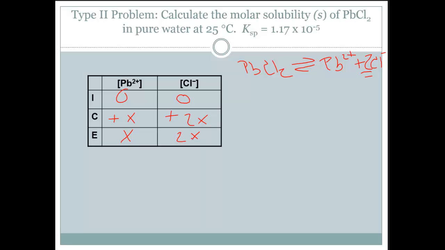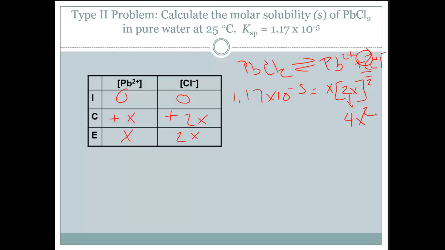Now we turn around and we plug this back into the KSP equation. So 1.17 times 10 to the negative 5 is equal to X for the Pb2+ and then 2X for the chlorine. And we're going to square that once again because of that 2 in front. So this becomes 4X squared.